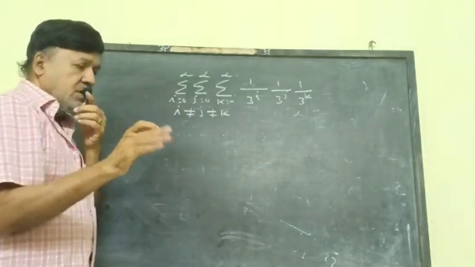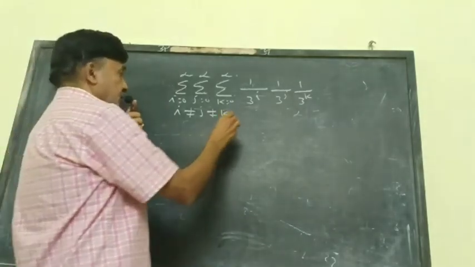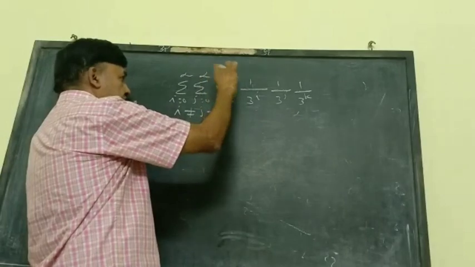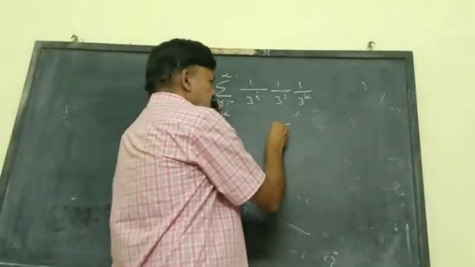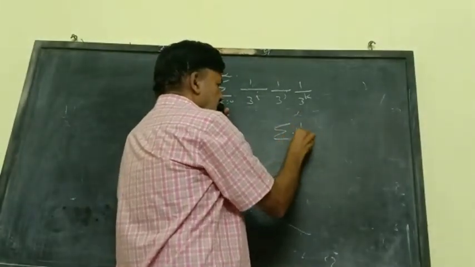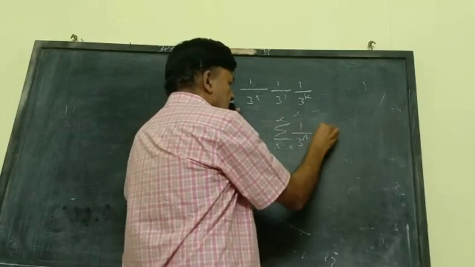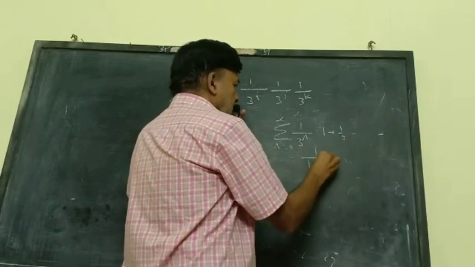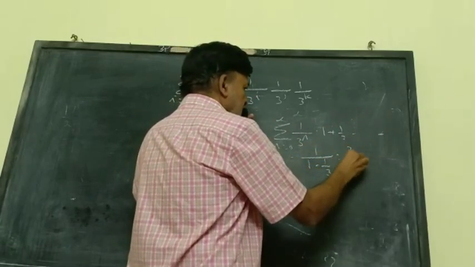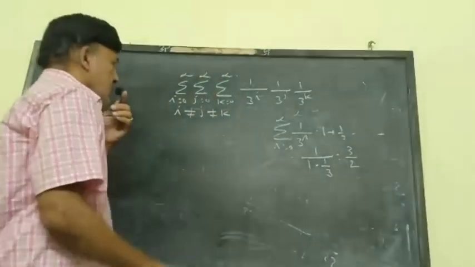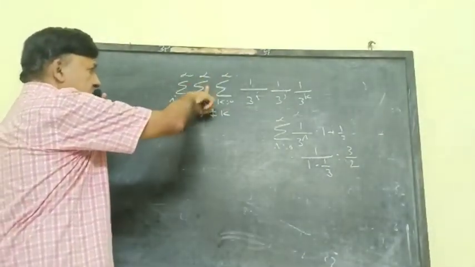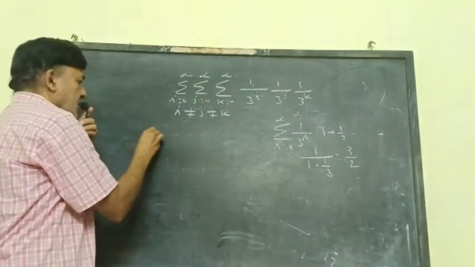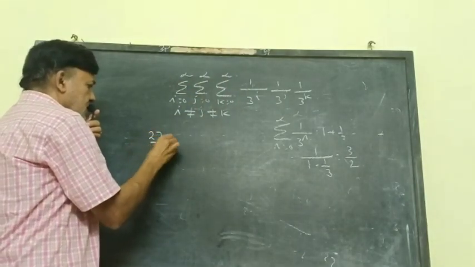Each sum is 1 plus 1 by 3 up to infinity, a by 1 minus r, which is 3 by 2. So this is equivalent to 27 by 8.